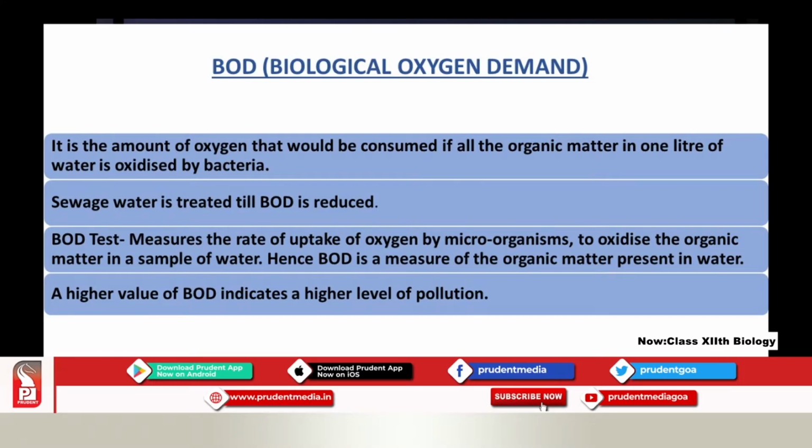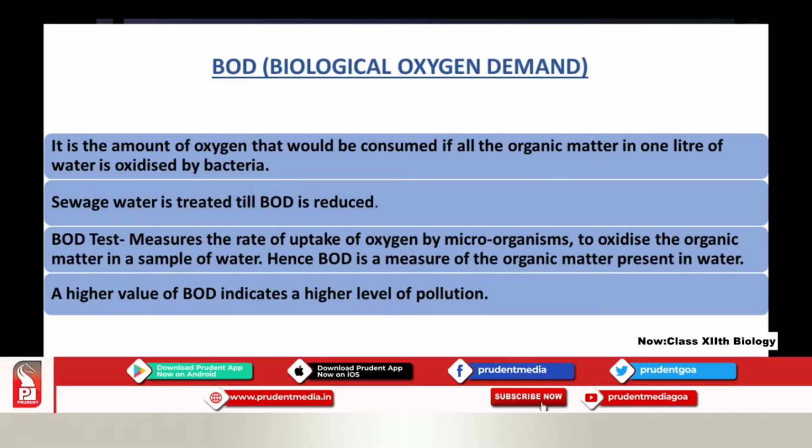Now, what is this BOD used for? BOD is used to test, to measure. Now, what is the BOD test? It measures the rate of uptake of oxygen by microorganisms to oxidize the organic matter in a sample of water. Okay.